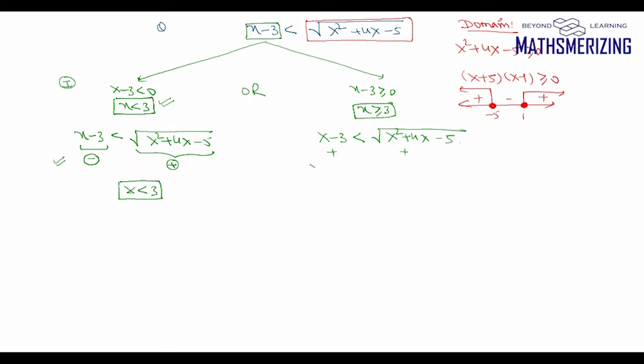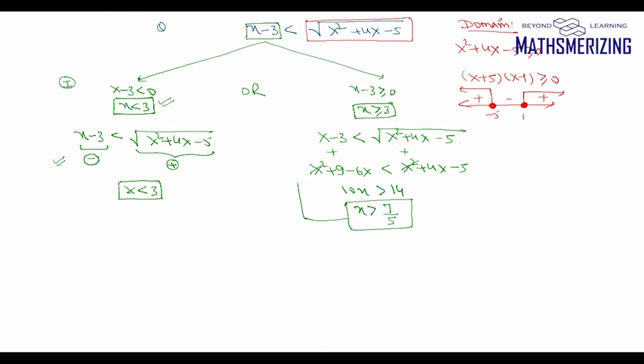If I square it, I'll get x square plus 9 minus 6x, and it is less than x square plus 4x minus 5. X square will cancel. So I'll take 6x to the right hand side. I'll get 10x greater than 14, so x is greater than 7 by 5.